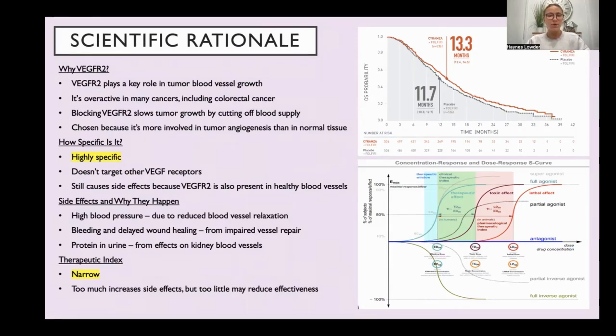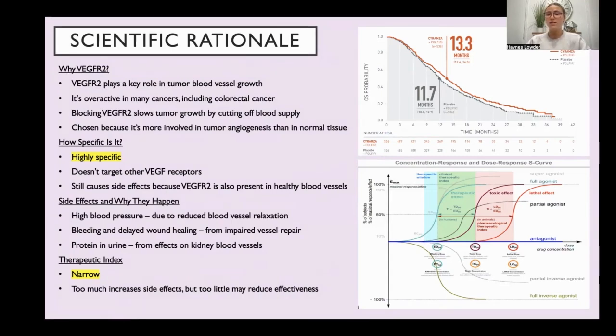Because of its narrow therapeutic index, precise dosing is crucial. Too high of a dose increases toxicity. Too low of a dose may reduce the benefit of the therapy.